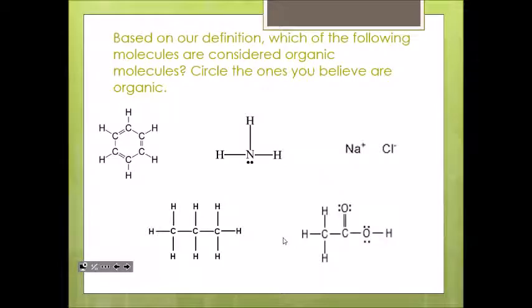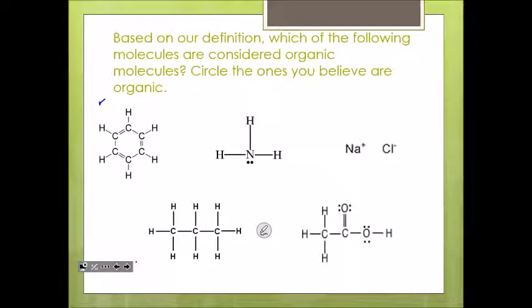So take a moment here based on our definition, looking for carbon, mainly with hydrogen and other nonmetals, to decide which one would be considered organic. Identifying whether it's organic or inorganic is something you definitely need to be able to do. So let's go through the top row.